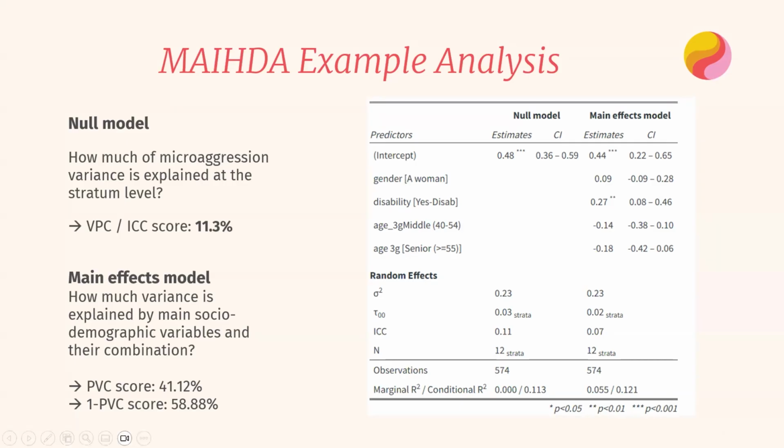And it spells out these two elements with two measurement scores, the variance partition coefficient, the VPC, as you see here, ECC score, and then the proportional change in variance. And you can read up on a more in-depth explanation in the chapter.